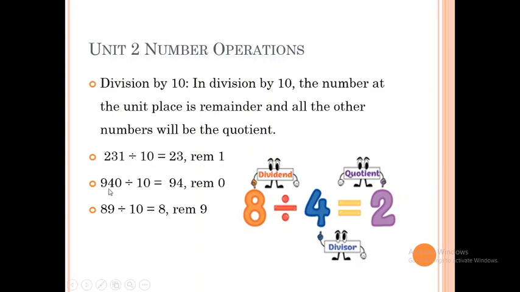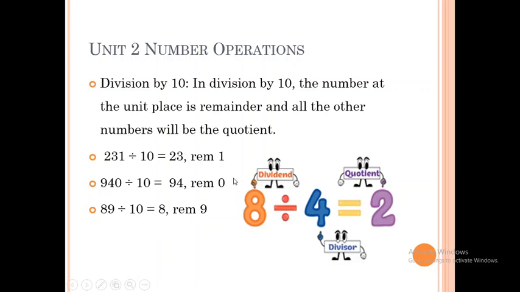So 94 is the quotient and this 0 is the remainder. When you divide 940 by 10, you will get this answer. If you want to do the working, you can do the working, no problem. But verbally you can solve very easily and quickly. 89 divided by 10, only a 2-digit number. So this 9 is the remainder and this 8 is the quotient.